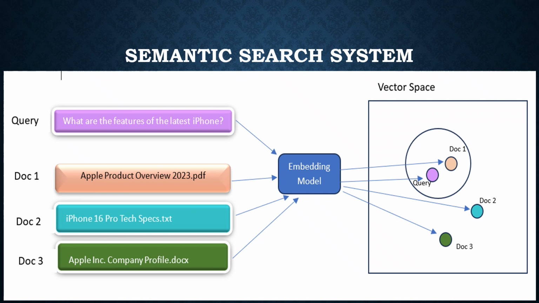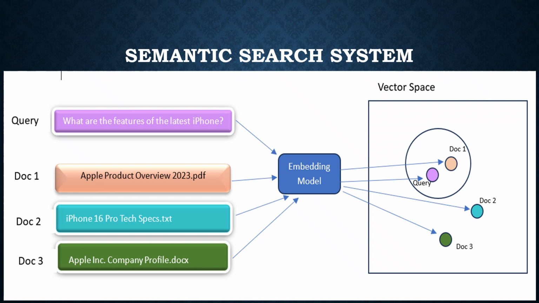Okay, again at the time of the query, it will go to the embedding model and convert this query into chunks and embeddings, and it will find the information. So for what are the features of the latest iPhone, it will find the relevant matching semantic search from this store.